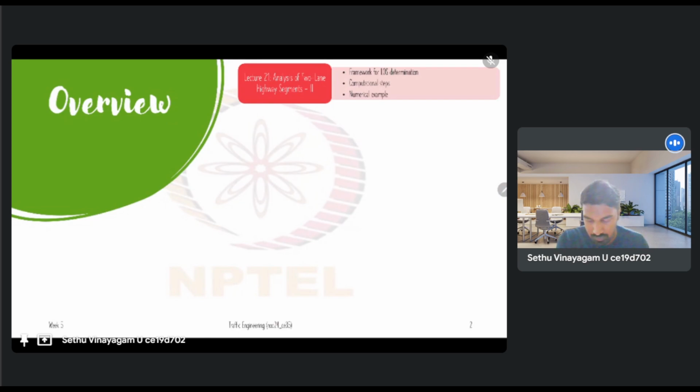When it comes to the framework, we have three different classes of two-lane highways. We have looked at this earlier: class 1, class 2, and class 3. These three have to be separately analyzed.